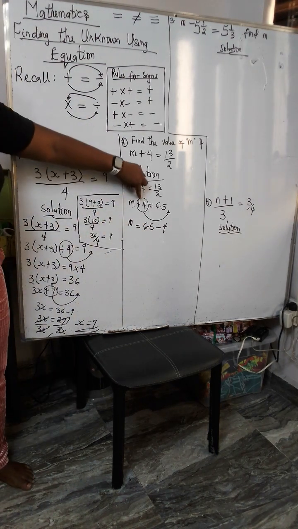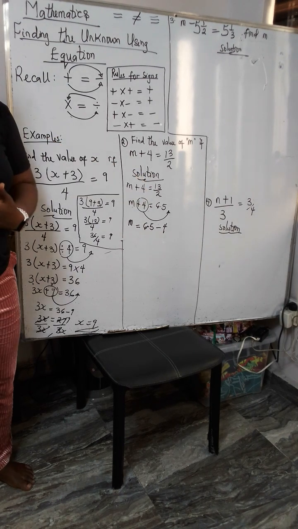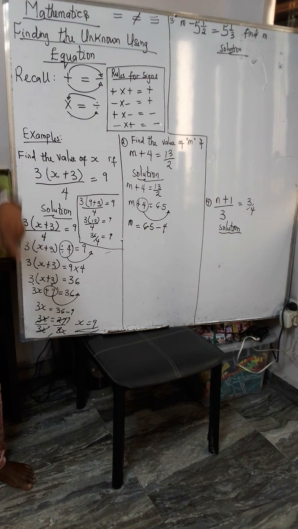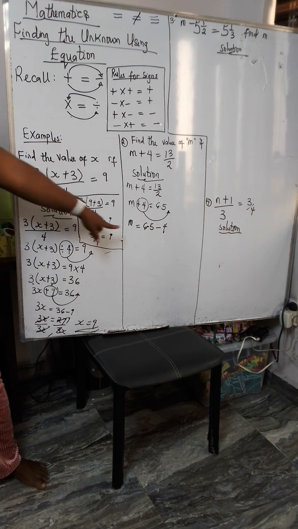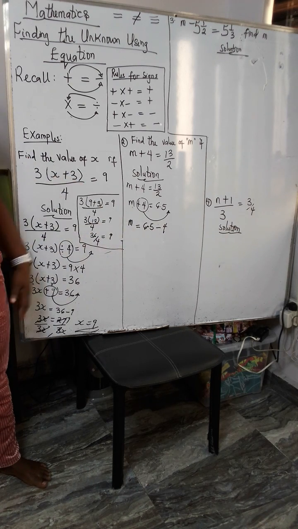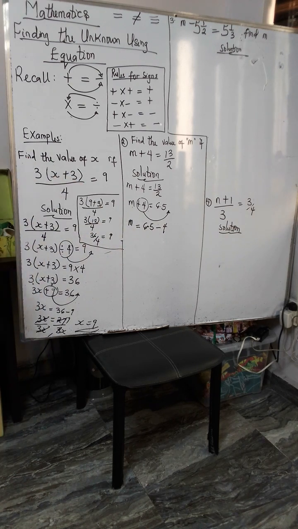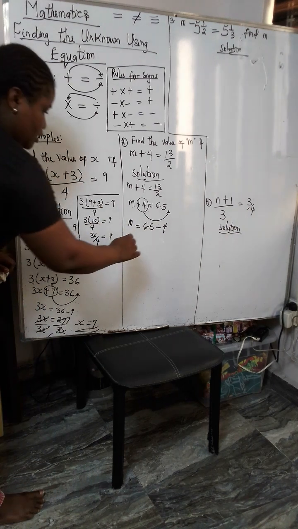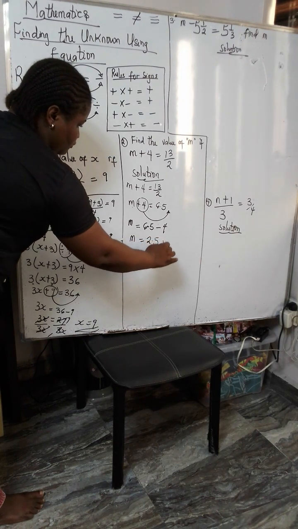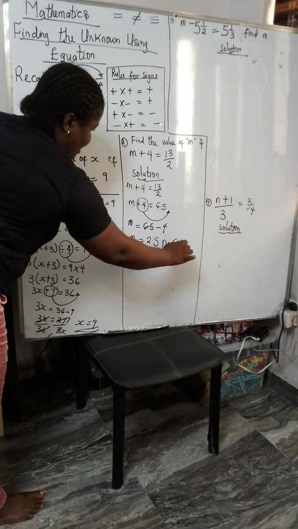Remember, initially this was plus 4, and we know that when plus crosses over the equality sign, it changes to minus. Changing to minus will mean 6.5 minus 4. And 6.5 minus 4 becomes 2.5. So the value of m here is 2.5.